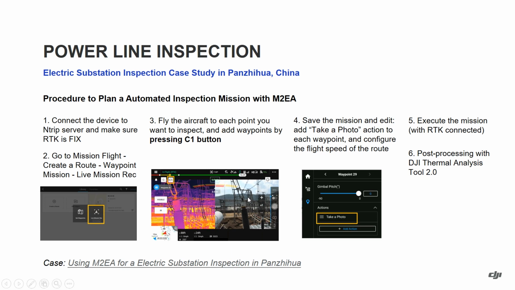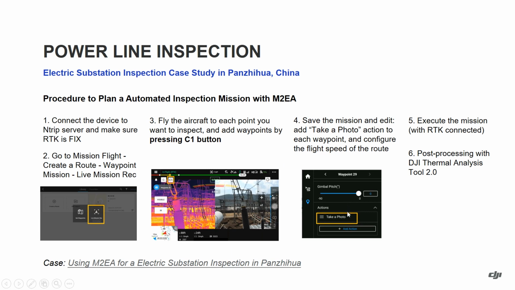For example, the insulator here, you can fly the drone near it and press the C1 button. With this button, it will record the current position of the drone as a waypoint and also record the camera position and camera angle. And then, after creating all the different points, you can save the mission and edit.